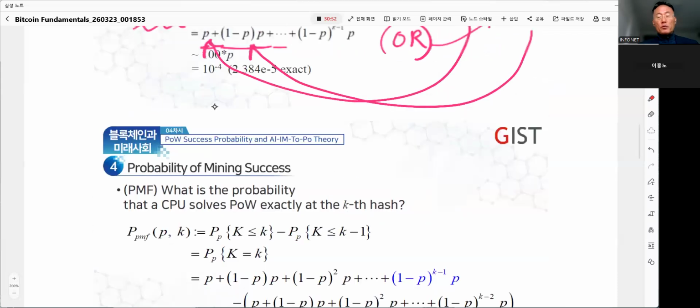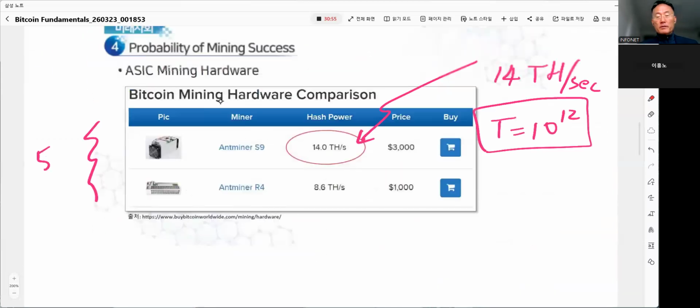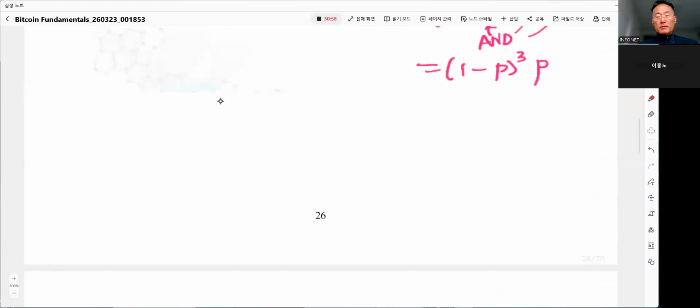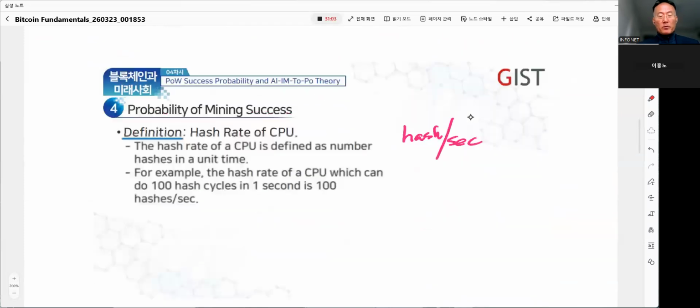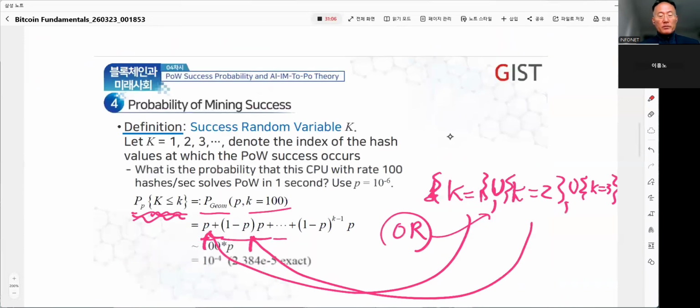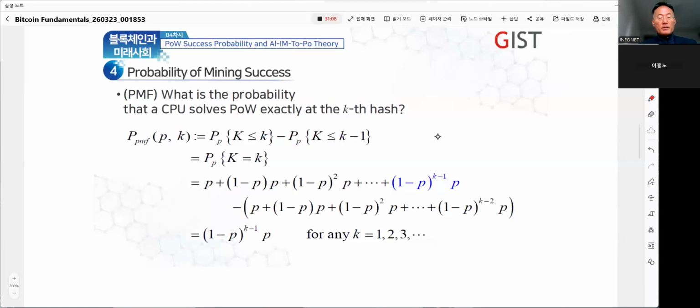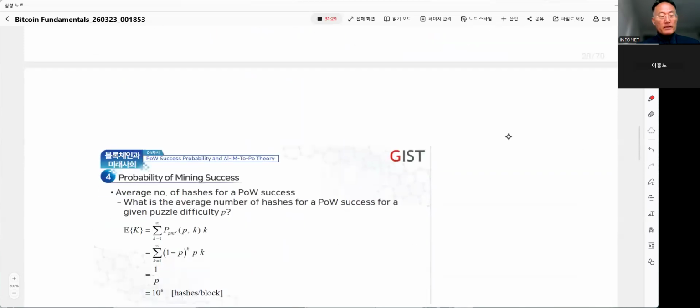The one that we have shown above can be verified one more time with the geometric distribution. We use this notation to talk about this event, which is the difference of the two geometric distributions, one at k and the other at k minus 1, and then it becomes this, the one we have already proved.